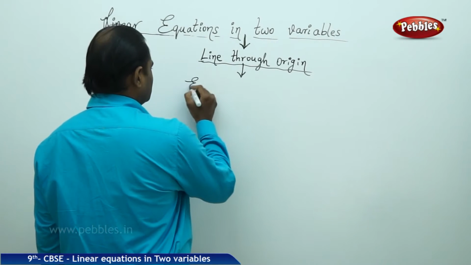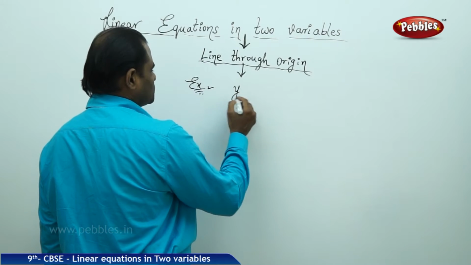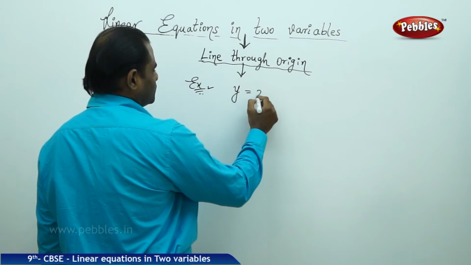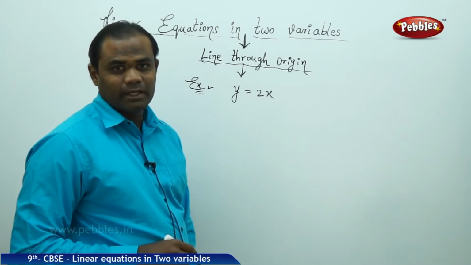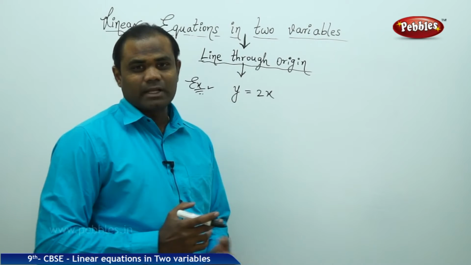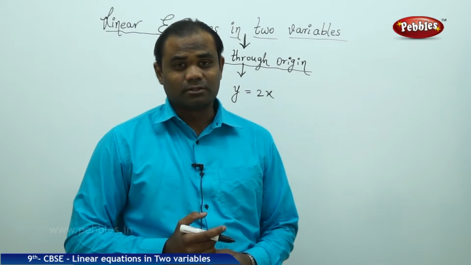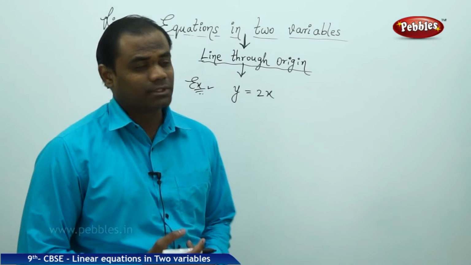For example, when I want to identify a line passing through origin, suppose I have y equals 2x. Clearly this is in the form ax plus by. So in order to identify whether this line is passing through origin or not, I first try to reduce this into the general form.